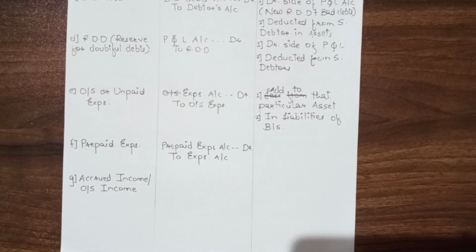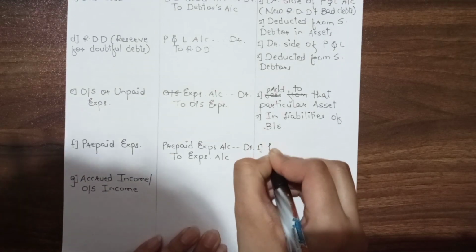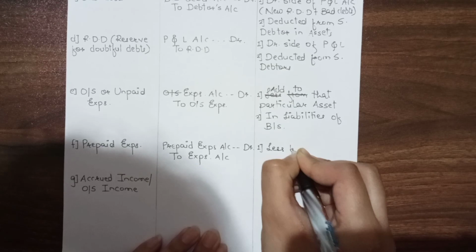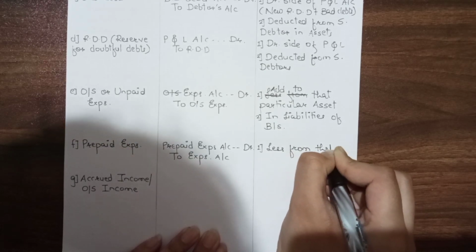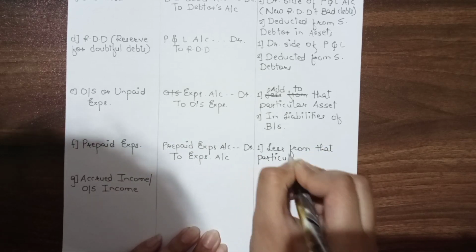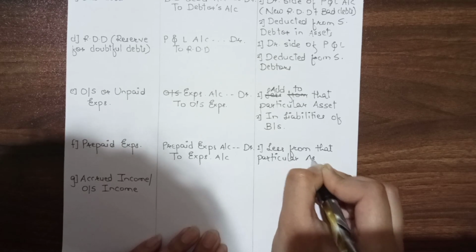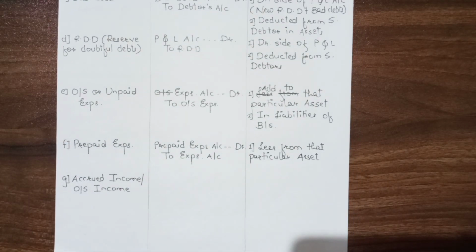And the two effects: first effect, less from that particular expense, in whichever side it may be, maybe in the trading account or in the profit and loss account. So you have to less from it.